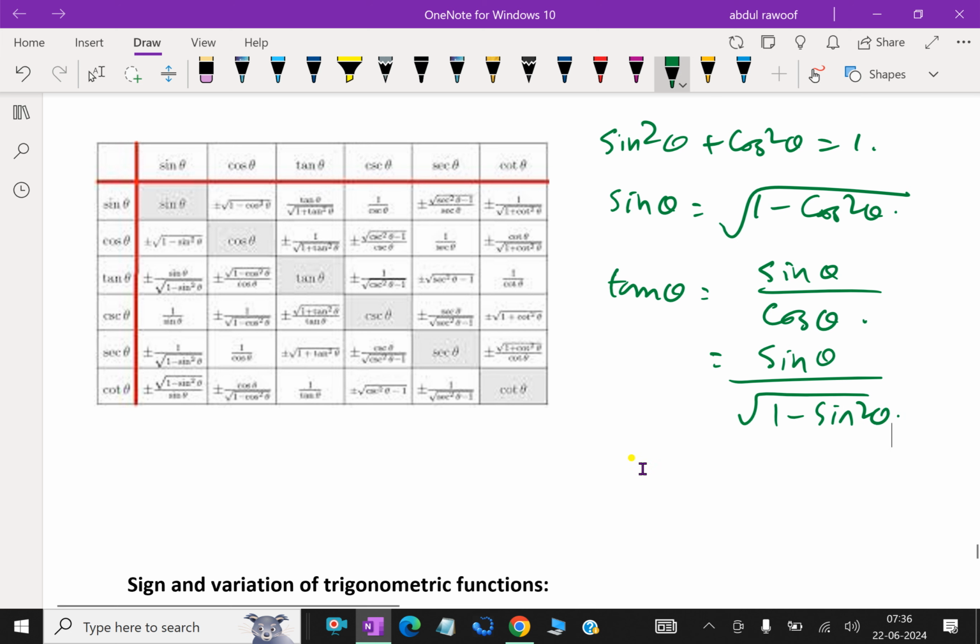Like this, we can get any relation. Suppose secant theta, in terms of sine theta, is what? Secant theta is 1 over the square root of 1 minus sine squared theta. Wherever a square root comes, you have to put plus or minus. Like this, any relation in terms of other functions we can find.